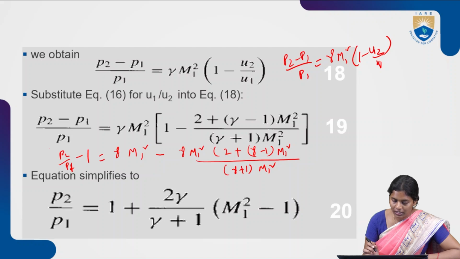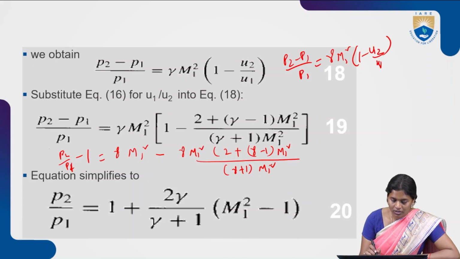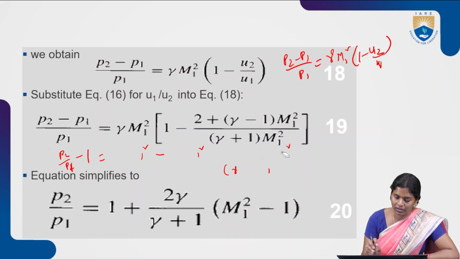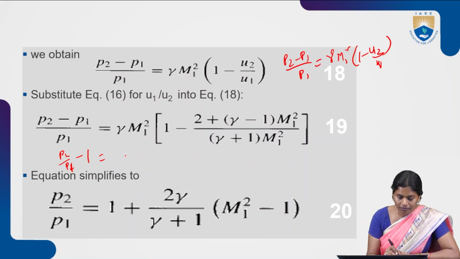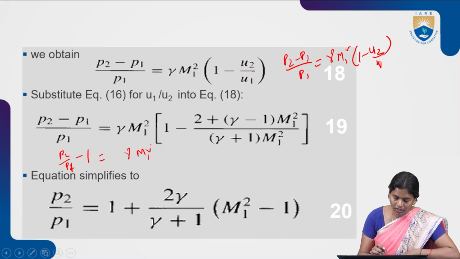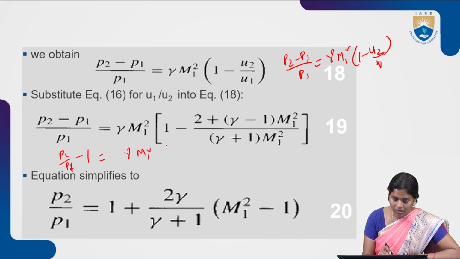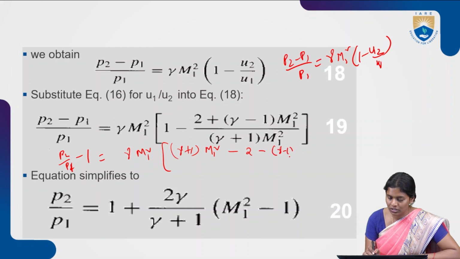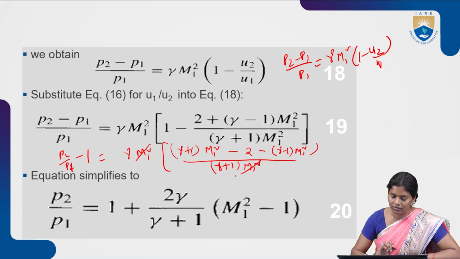So further, what we try to do is, like when you have an LCM, we can take it out, gamma M1 square into gamma plus 1 of M1 square minus 2 minus gamma minus 1 M1 square divided by gamma plus 1 into M1 square. So here M1 square will get cancelled out.